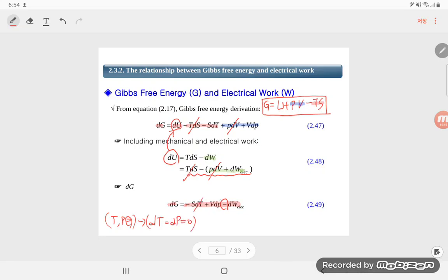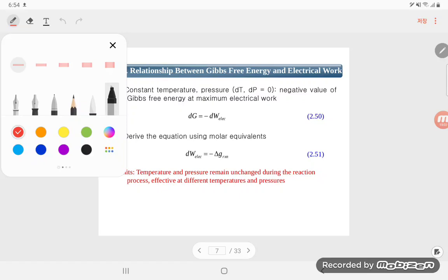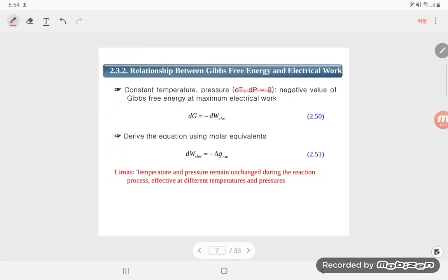So we can remove these terms, and now we only have one term for the expression of dG. If dT and dP equal 0, then dG equals minus dW electric.